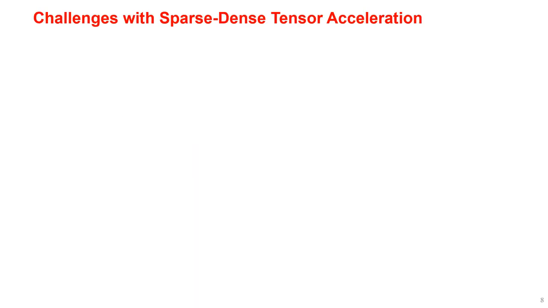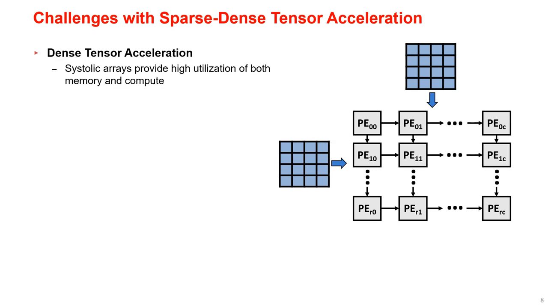Now let's look at some of the challenges in designing such a mixed sparse-dense tensor accelerator. We all know that accelerating dense tensor kernels is straightforward, and systolic arrays are probably the most efficient solution, providing high utilization of both compute and memory.